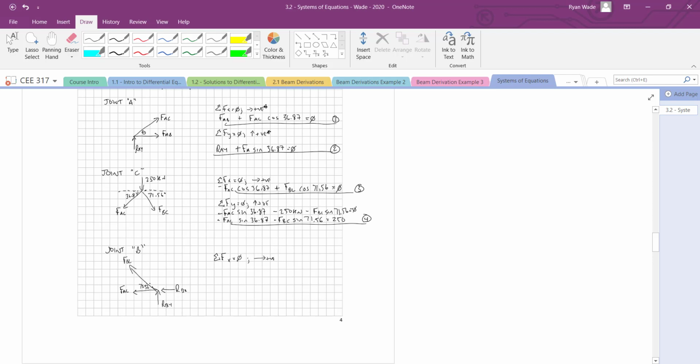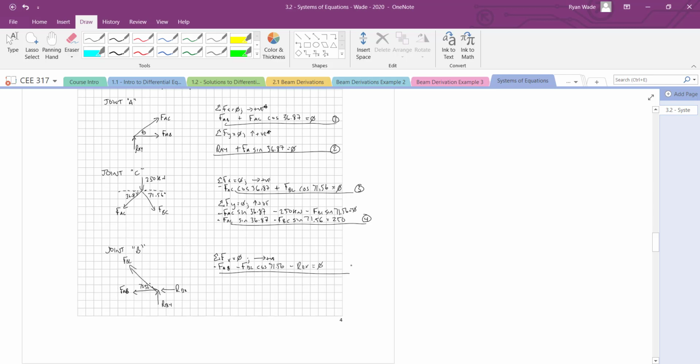That's positive. And then I'm going to just keep doing the same thing. So negative FAC, or FAB, sorry, negative FAB minus FBC times cosine 71.56 minus RBX equals 0.